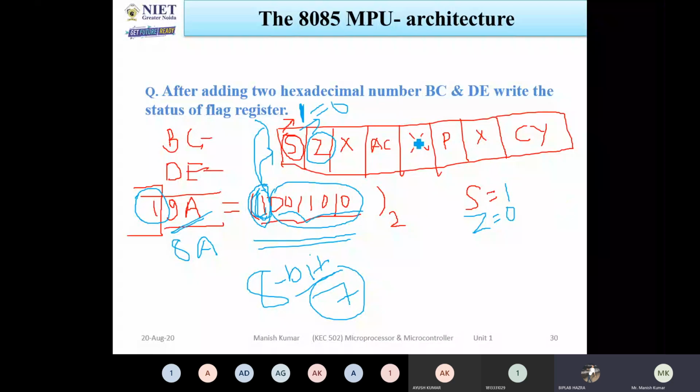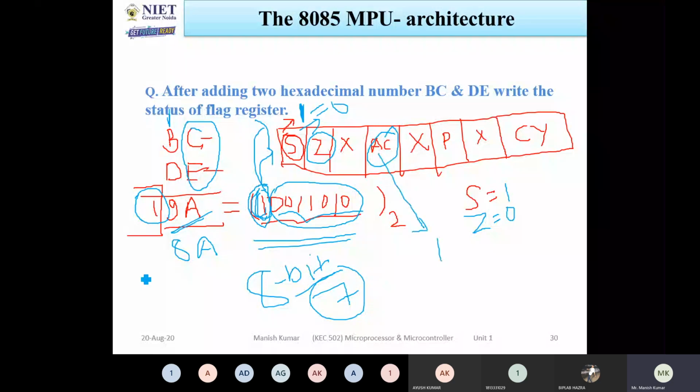Now come to the auxiliary carry part. What is the auxiliary carry? If you are adding two numbers and getting a carry from the lower nibble, that is the auxiliary carry. When you are adding C and E, you are getting a carry, correct? So this value will be 1.